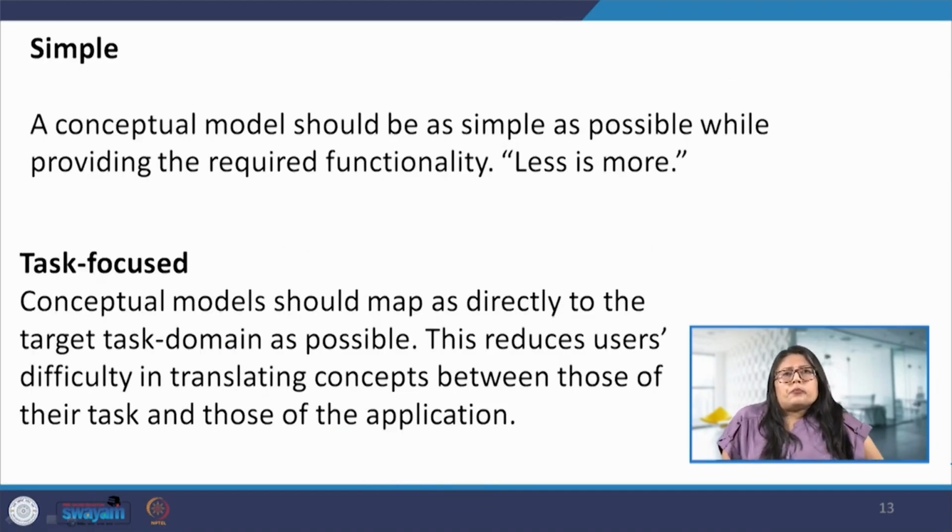So some of the important requirements of the conceptual model is that it needs to be simple. It should be as simple as possible, and less is more is basically the important keyword here.